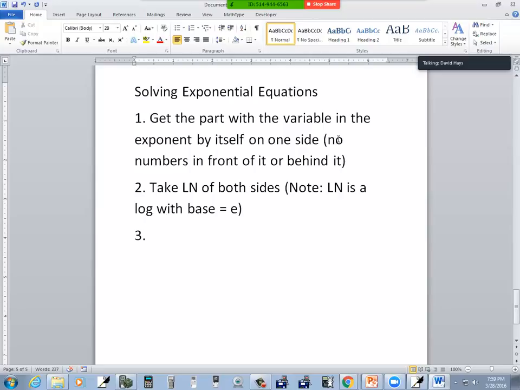Step 3 is, using properties of logs, get the variable out of the exponent.